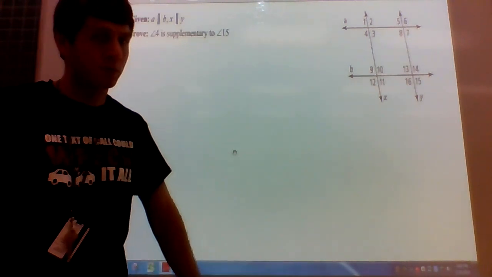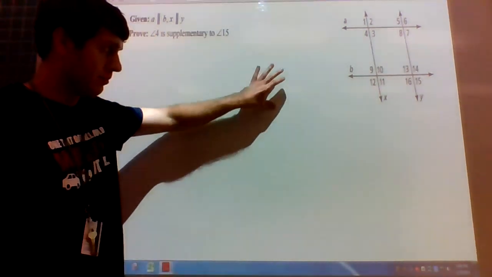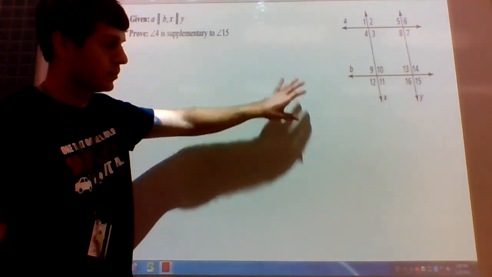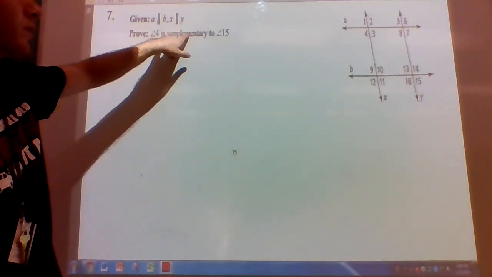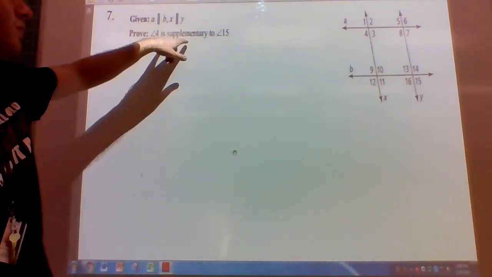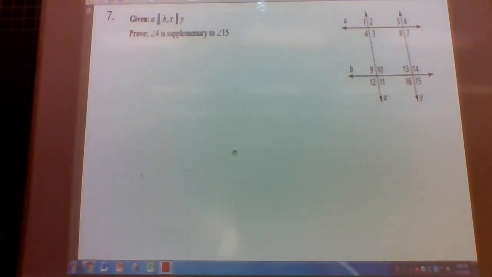And then one will be a proof of perpendicular lines like number 8. So if you want to get level 4, you should be able to do 7 and 8 here. But again, 7 will be a little easier because you actually have numbers to work with. You'll be proving that the measure of angle 15 is 110 or something like that.